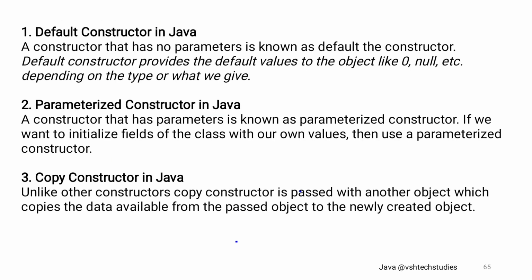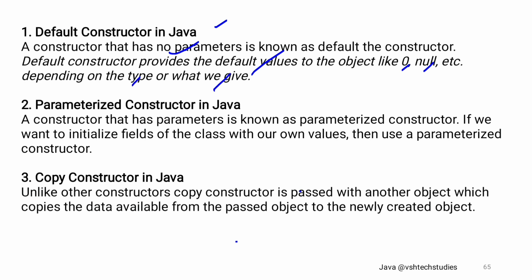So what is a default constructor? A constructor that has no parameters. Constructor is a method in the class, so if that method has no parameters, then it is called a default constructor. It provides default values to the object like 0, null, etc., depending on the type.